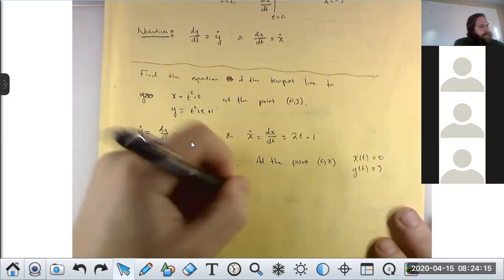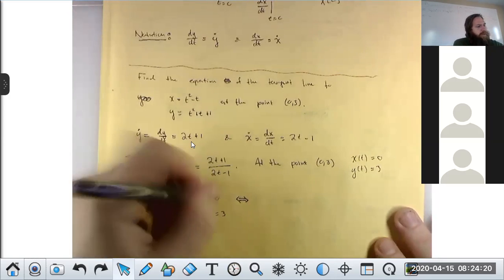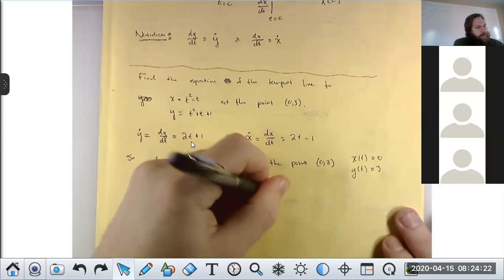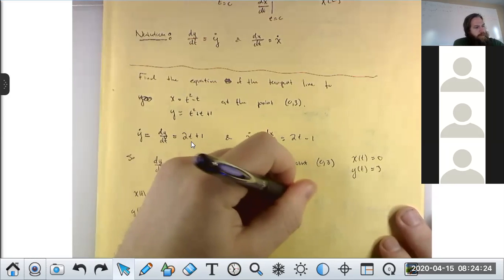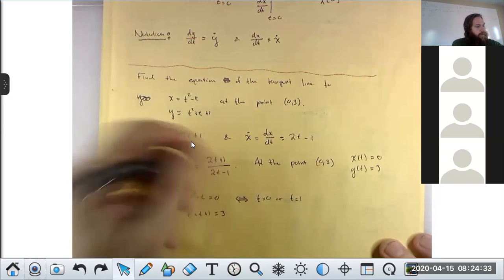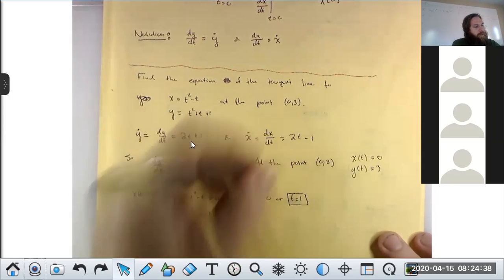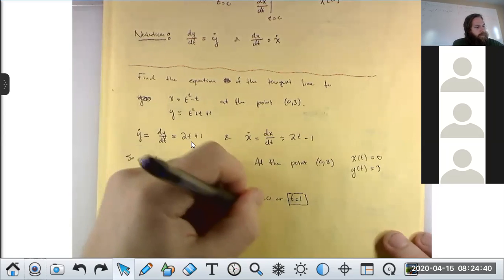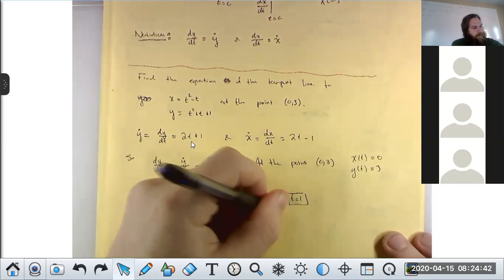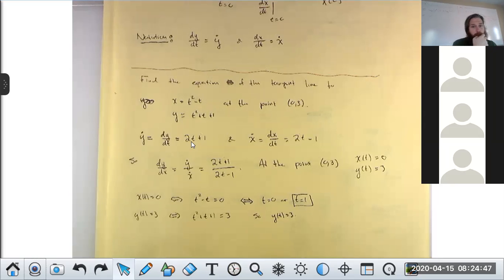T squared minus t equals 0 means either t is 0 or 1. And if t is equal to 0, then t squared plus t plus 1 is equal to 1, which is not 3. So we know t equals 1 is the one that works here. Everybody follow that?